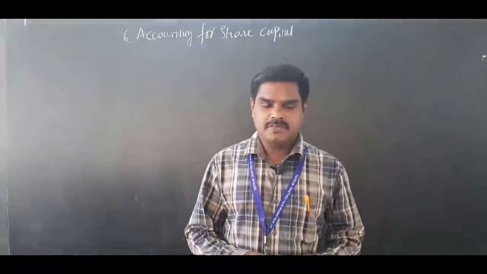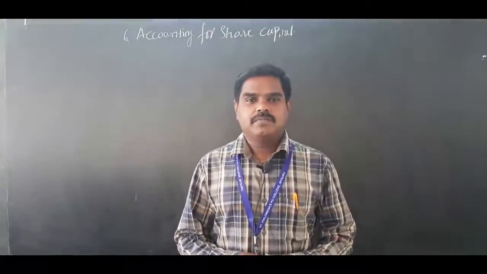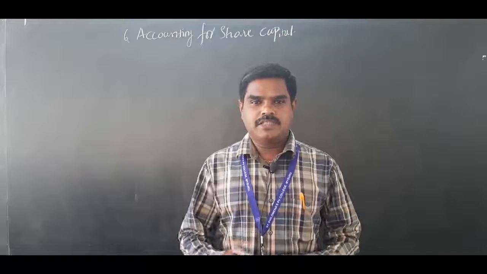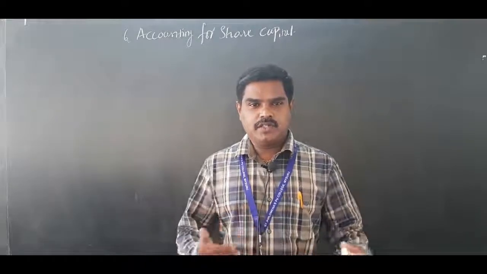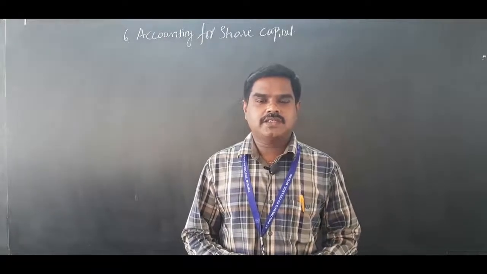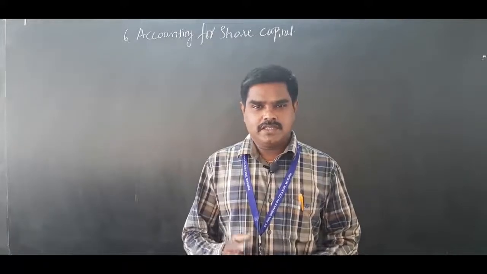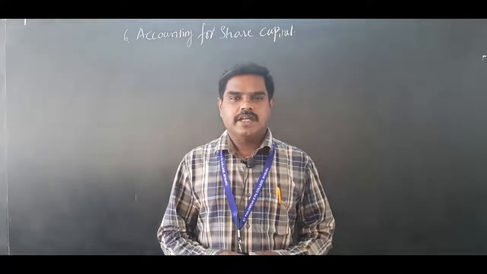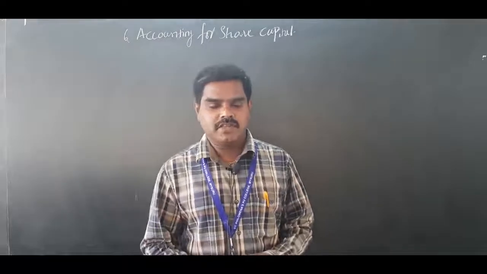In the previous chapter, partnership accounts fundamentals, you studied the meaning and features of partnership, then the rules in the absence of a partnership deed, if there is no agreement, what the procedures are, and how to find interest on drawings under the product method, then the average period method, that is a shortcut method, at the beginning of every month, at the end of every month, and last day of every month.